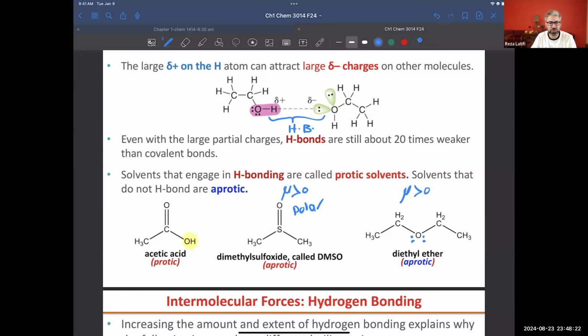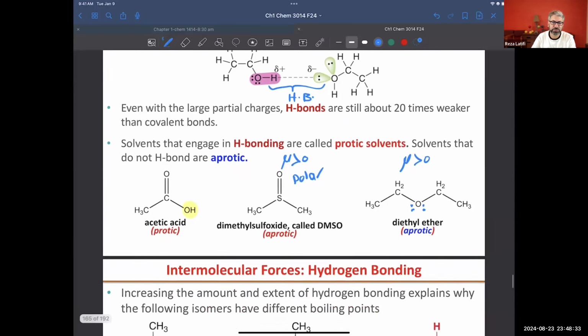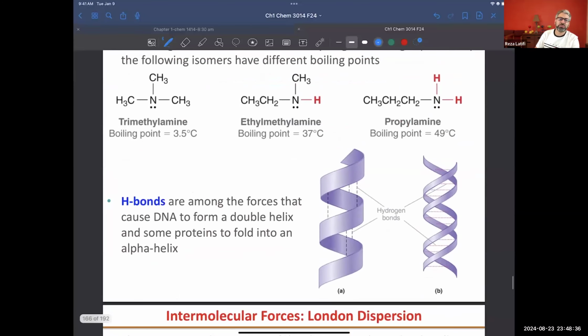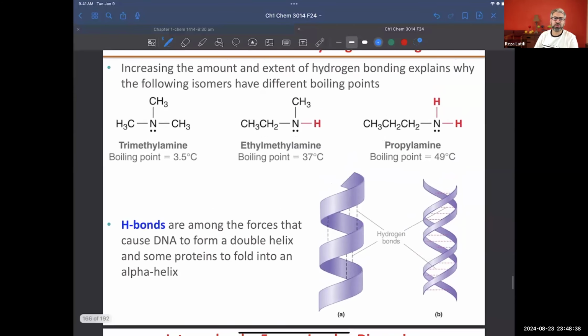And I mentioned the meaning of protic versus aprotic: a protic solvent or molecule is one that has hydrogen, and one that is polar but doesn't have hydrogen, we call an aprotic solvent. So the more hydrogen bonding we have, the stronger the intermolecular force. Boiling temperature is directly subject to intermolecular force.